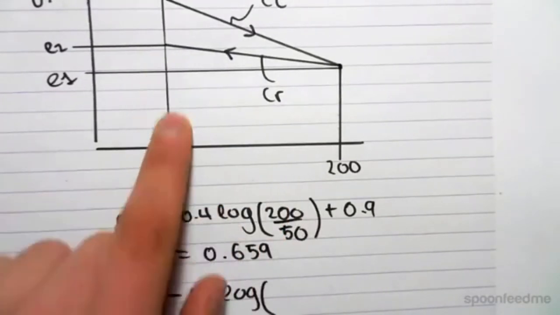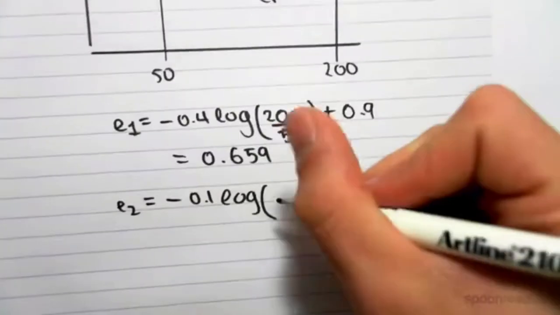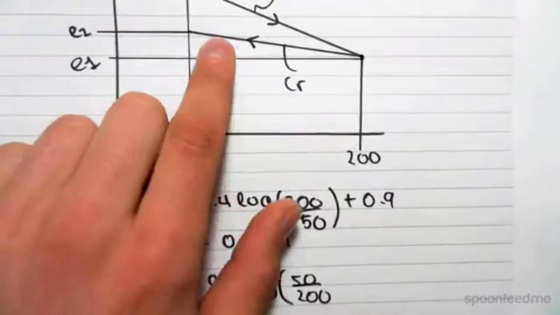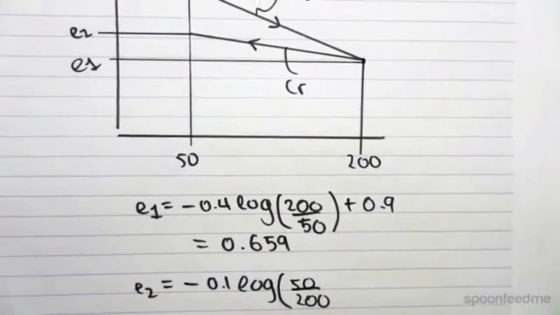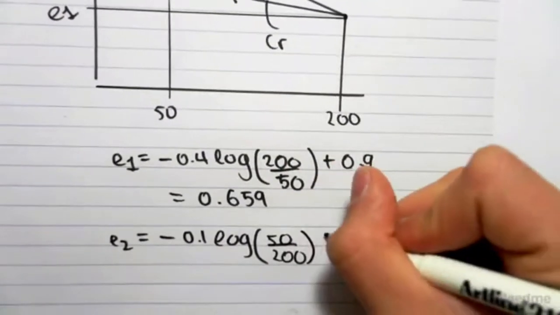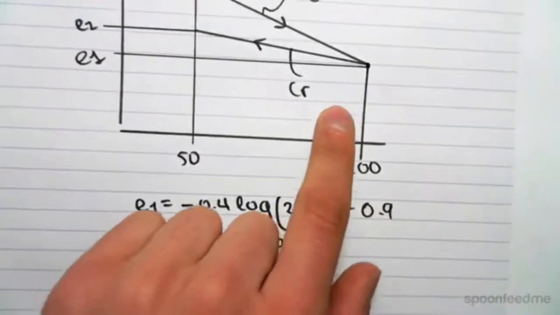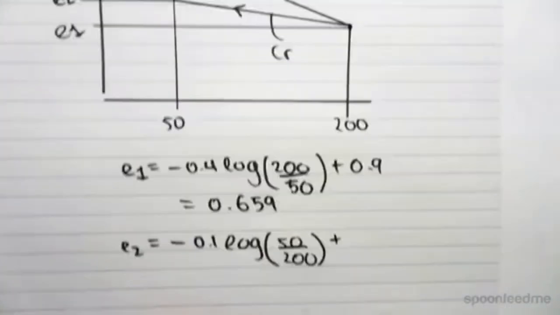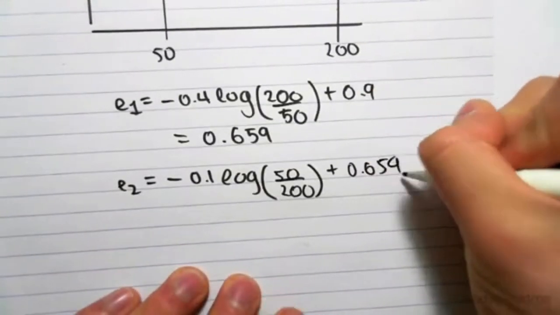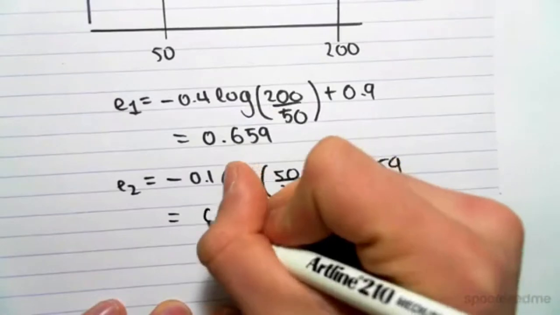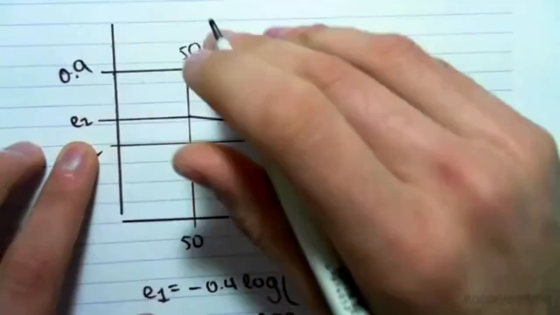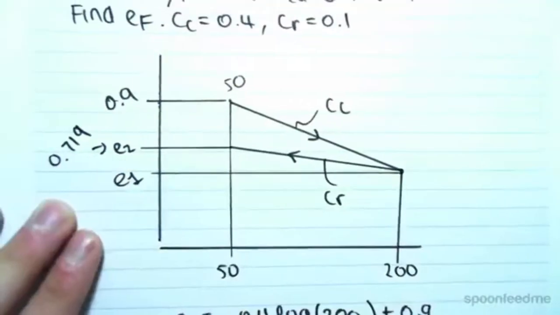The final effective stress we get to is 50, so it's 50 on the initial for this line, which was 200, plus the voids ratio. The voids ratio initially is E1, which is 0.659. If we work this out, we get 0.719. So this voids ratio, E2, is 0.719.